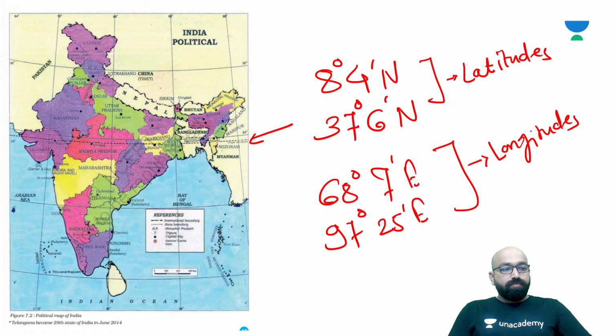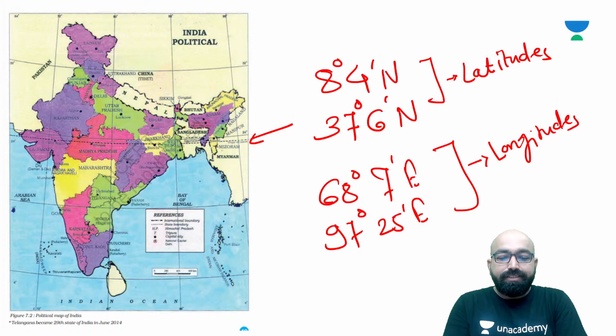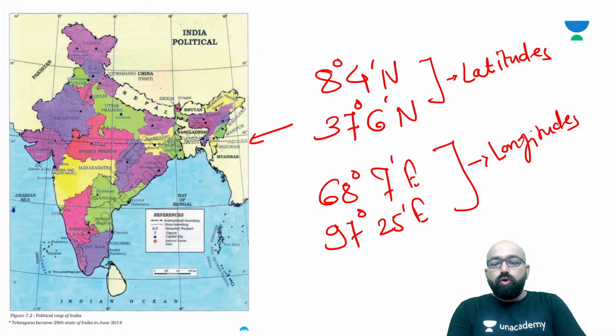As such, the difference between the two points would be about 2 hours. As we have learned earlier, the local time changes by 4 minutes for every 1 degree of longitude. So the sun rises about 2 hours earlier in the east, that is Arunachal Pradesh, than in the west.